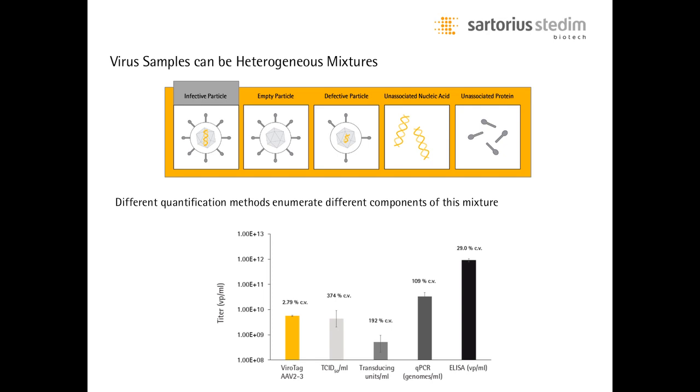Their results may be biased as they are derived values and they are not based upon direct detection of intact viruses. Therefore, the heterogeneity of the sample as well as the nature of these different quantification assays are responsible for these diverse results we obtain when we quantify one sample with different quantification methods.